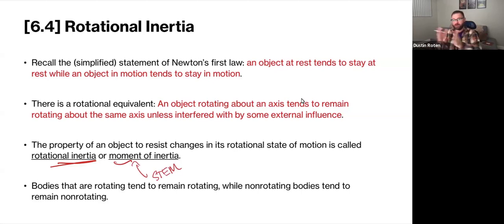Just like an object in motion stays in motion, although we know if we slide a hockey puck even across ice, it's eventually going to slow down because of friction. Same thing here. Something starts rotating, friction over time is going to slow it down. But if we can remove friction, it'll rotate forever.